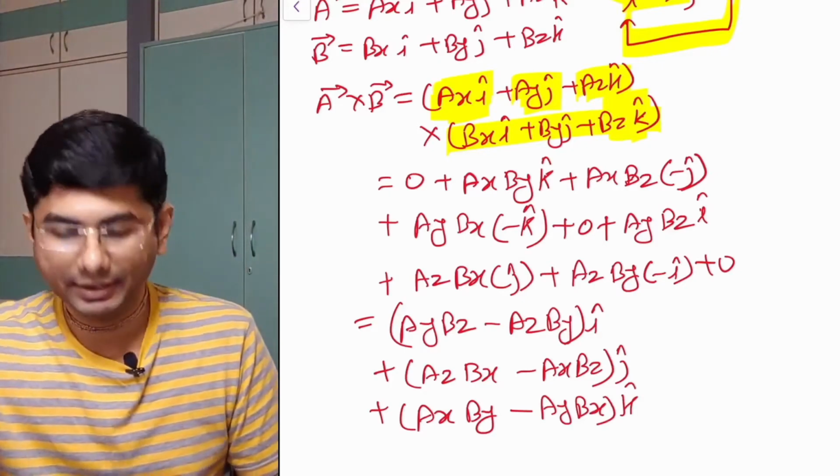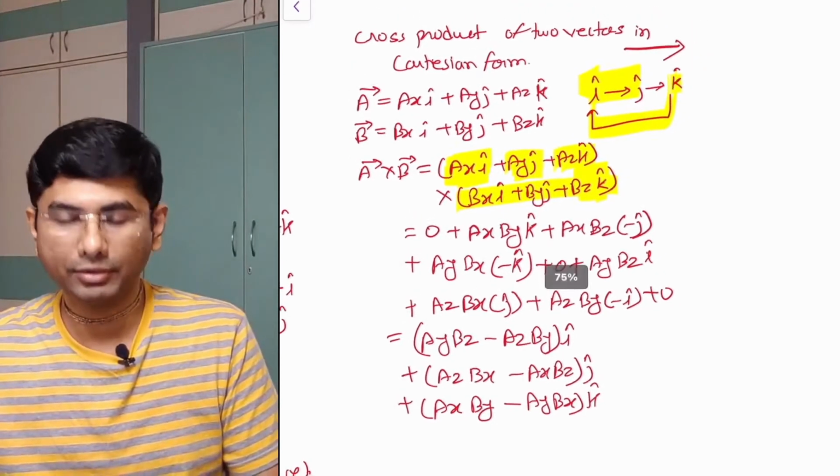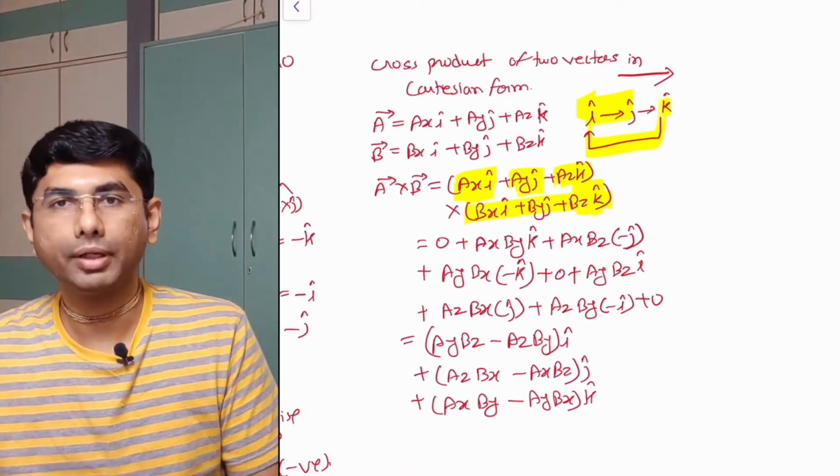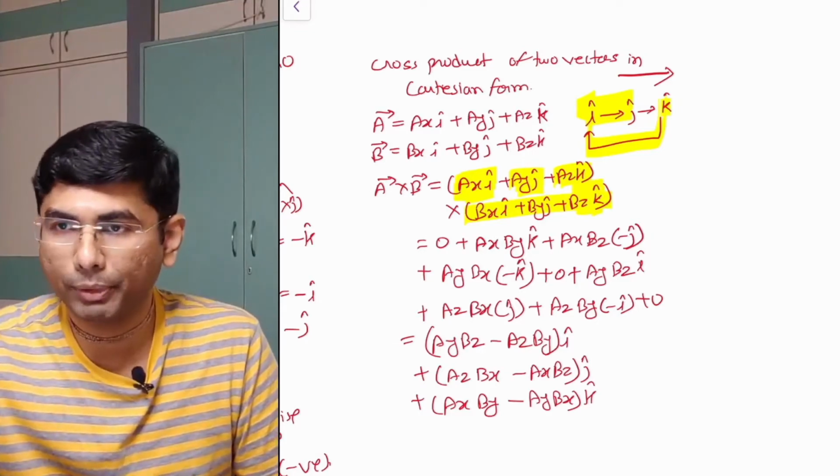That's what we are getting as the expansion. This is the final answer of the product of two vectors which are given in the Cartesian format.